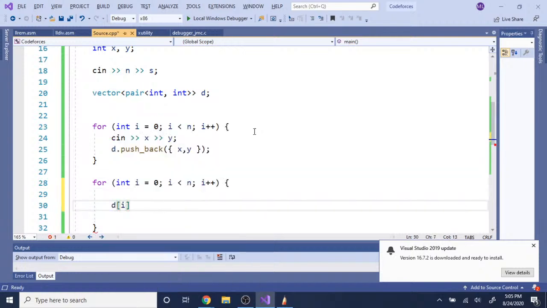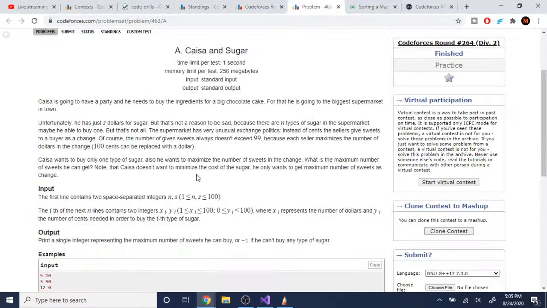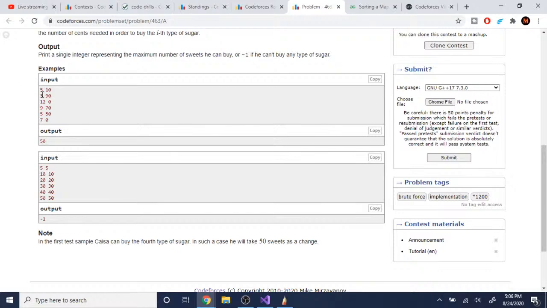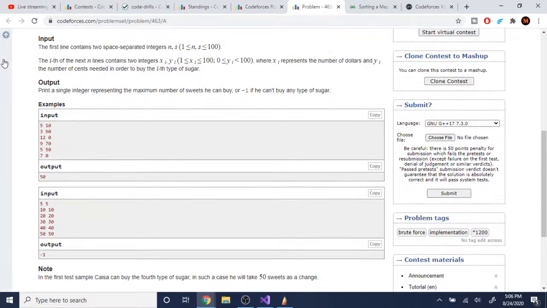D of I dot first is the dollars. So if I go through here, I have 5 pays $5. No, not 5. 1, 2, 3, 4.